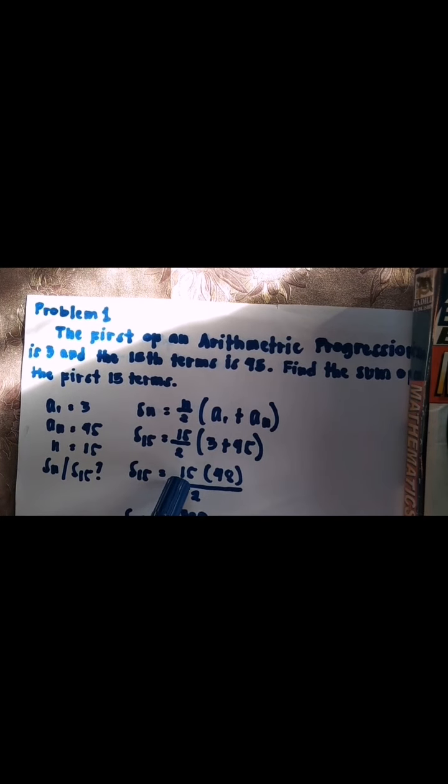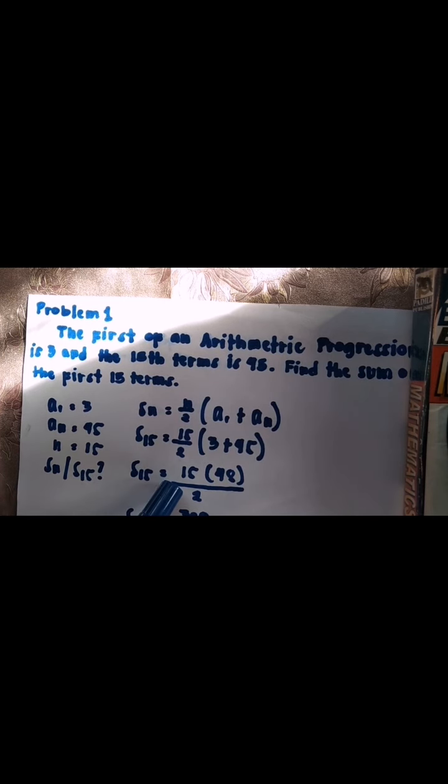The next thing to do is multiply 15 times 48, which becomes 720 over 2.